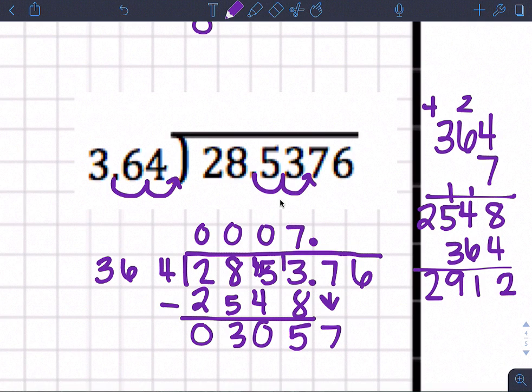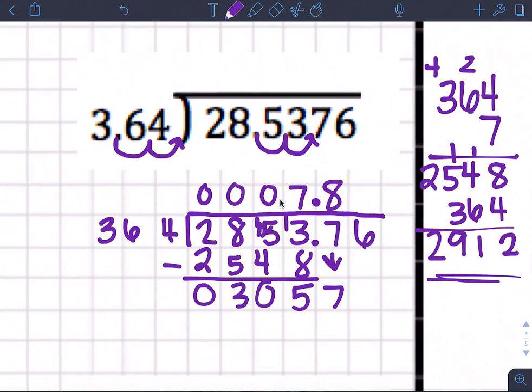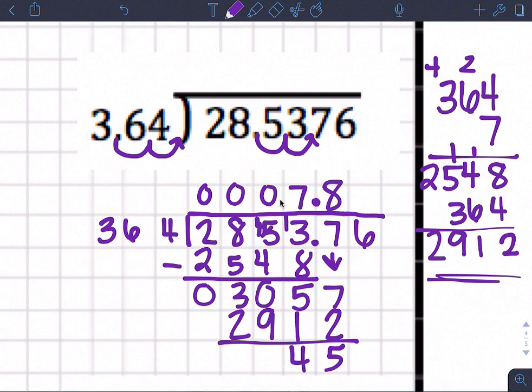I know that 364 times 8 is 2,912, and I know I can't add another 364, so it goes in 8 times. And I'm going to subtract my 2,912. And I'm left with 145.